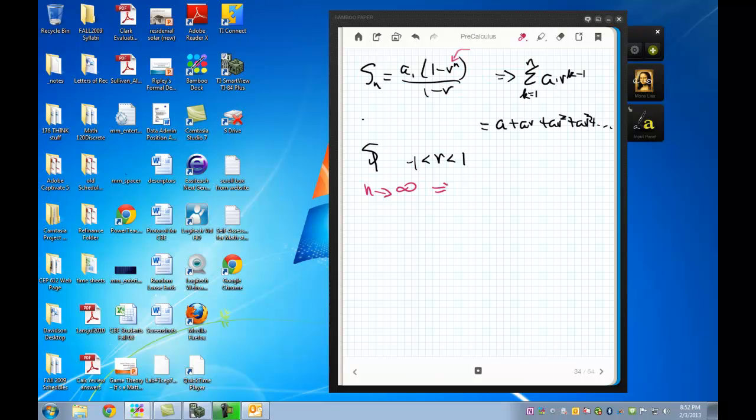Well, doesn't this imply that r to the n goes to 0? Think about that. You take your common ratio, which is a fraction between -1 and 1. As n goes to infinity, r to the n goes to 0 because it's a fraction that's less than 1, and I'm just taking a number less than 1 and multiplying it by itself over and over and over again.